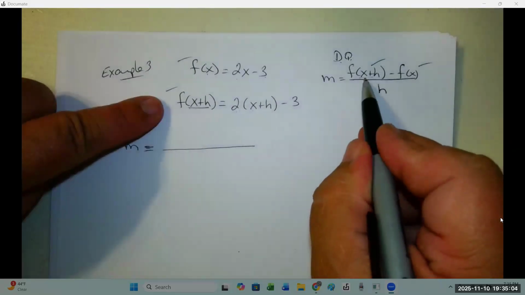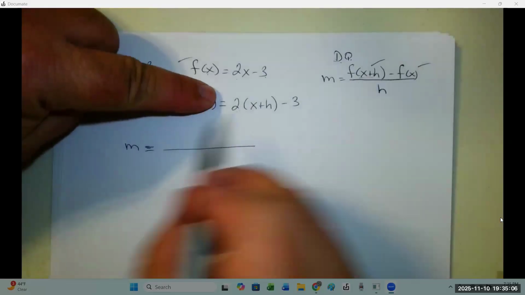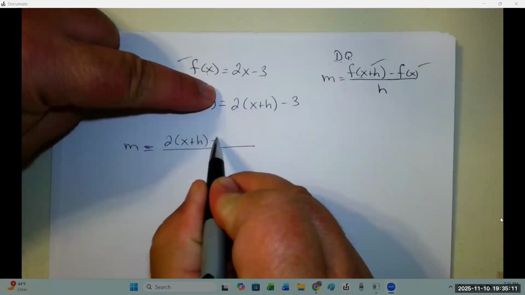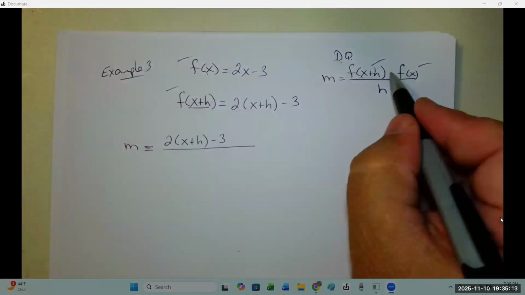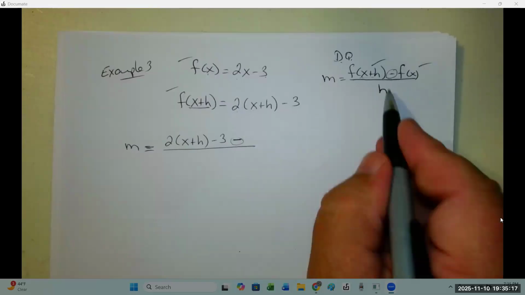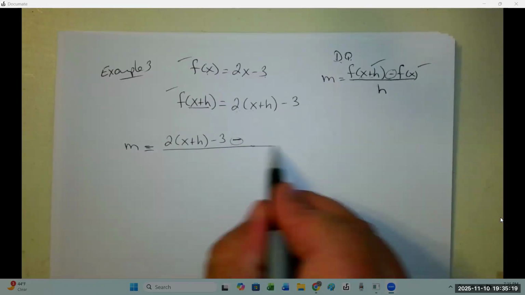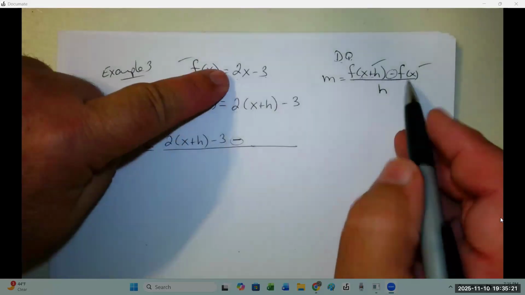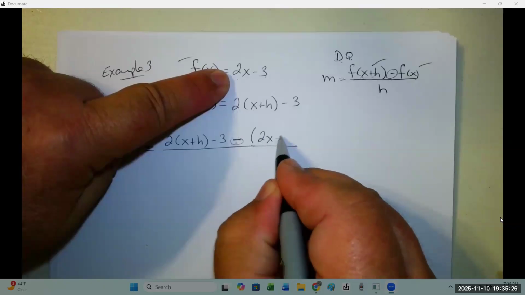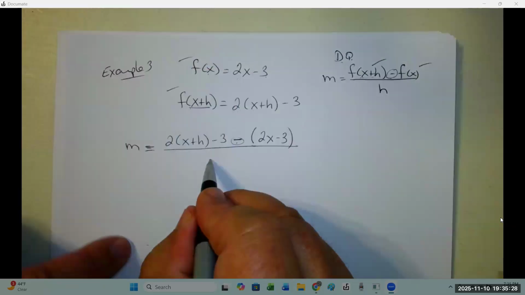So the first part, we have f of x plus h, which is this, 2 times x plus h minus 3, minus, that's that minus sign, f of x. F of x is the original function. Now, because it's after a minus, it has to be inside parentheses, over h.